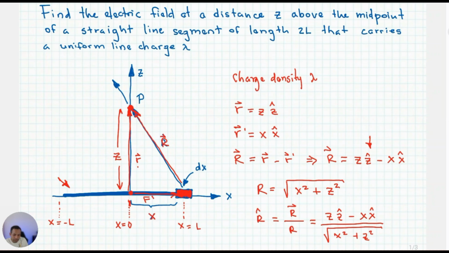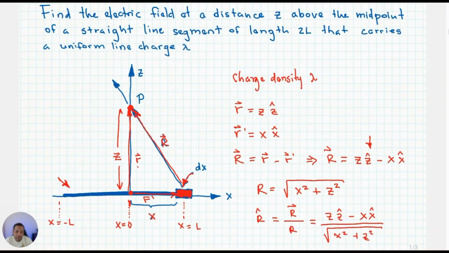So this unit vector tells us the direction of the electric field produced by this element dx.